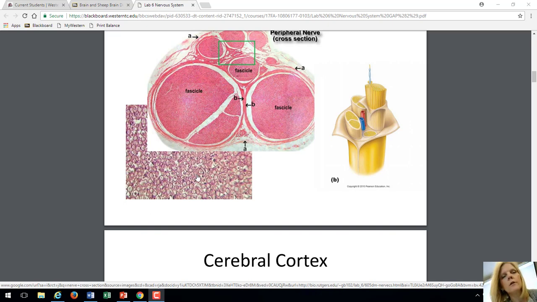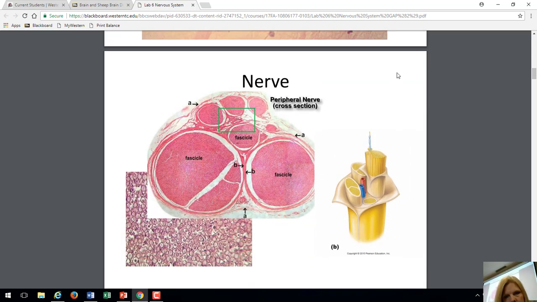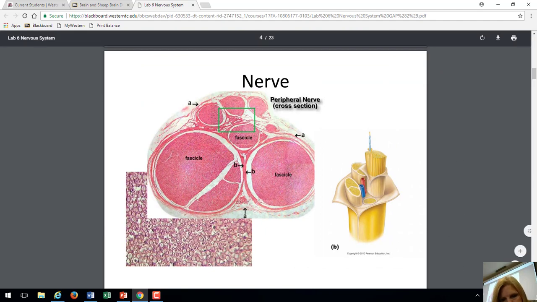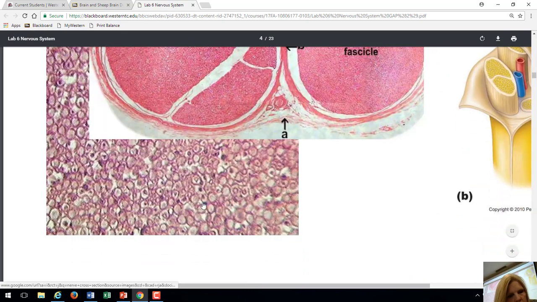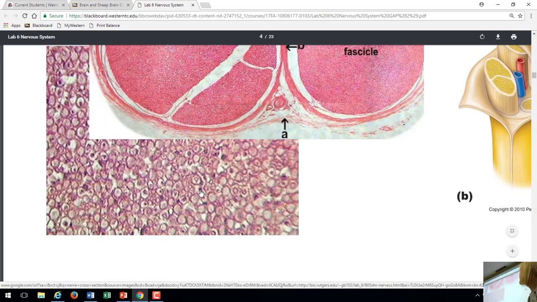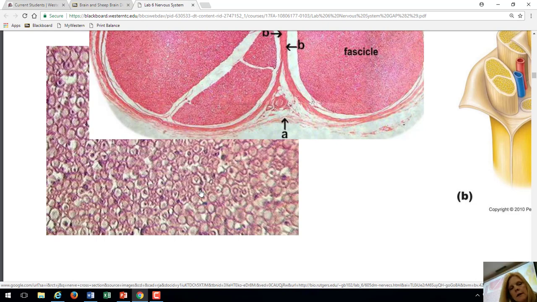And if I zoom in a little closer here, I've got to find my plus sign. There it is. So if I look in closer here, see the dark structure in the center, right at the tip of the pointer? That dark structure is the actual axon, and what's the white stuff around it then?